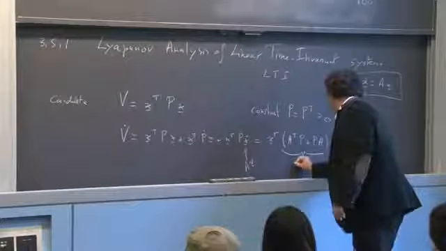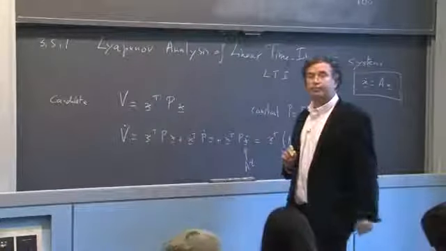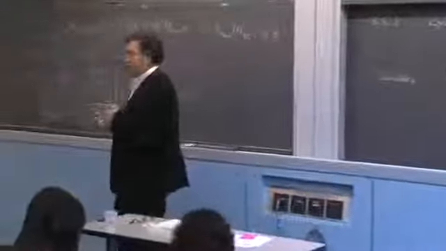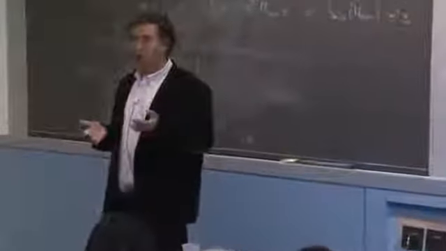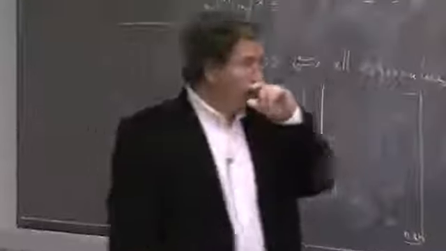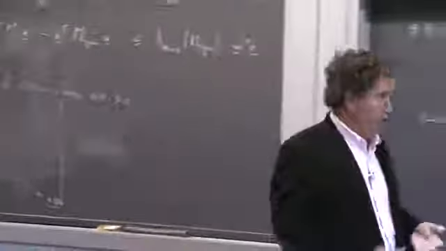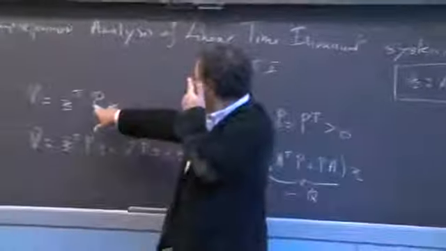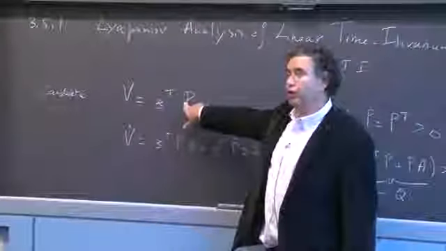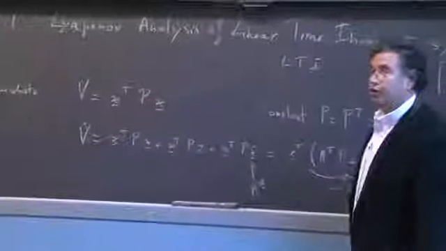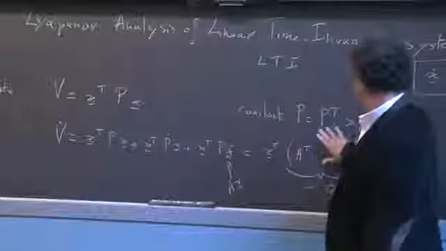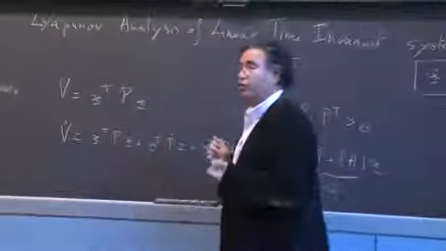We're going to call this quantity minus Q. And the game is going to be to show that if A is indeed strictly stable, if the system is strictly stable, then we can indeed find a positive definite matrix P and a positive definite matrix Q, such that this condition, A transpose P plus PA equal minus Q, is verified.